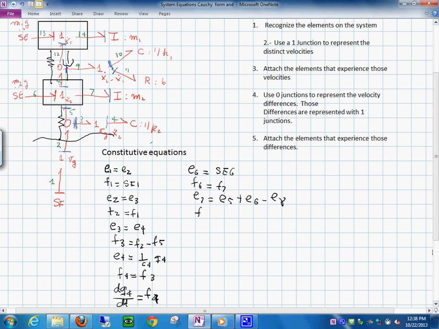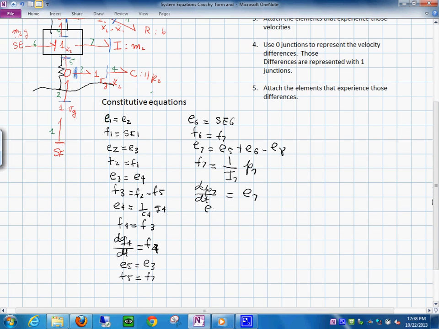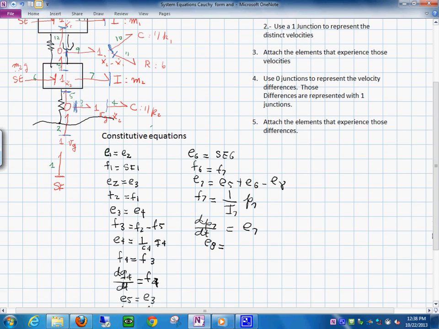What is E10? It's 1 over C times Q sub 10. So we are up to the number 10. What's F sub 10? Is F9.